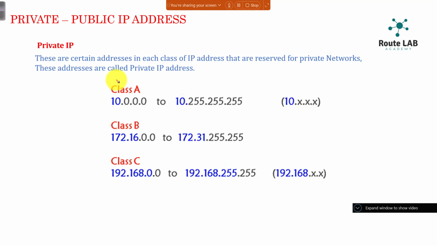Coming to C class, the address range is 192.168.0.0 to 192.168.255.255. An address that starts with 192.168 comes under the private category, and all other addresses come under the public category.